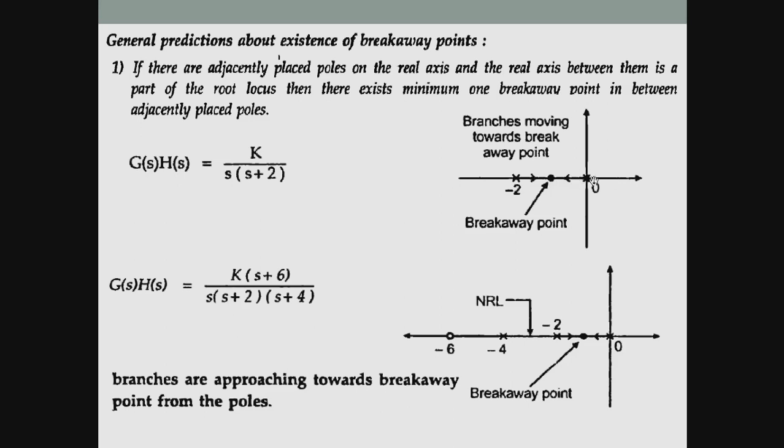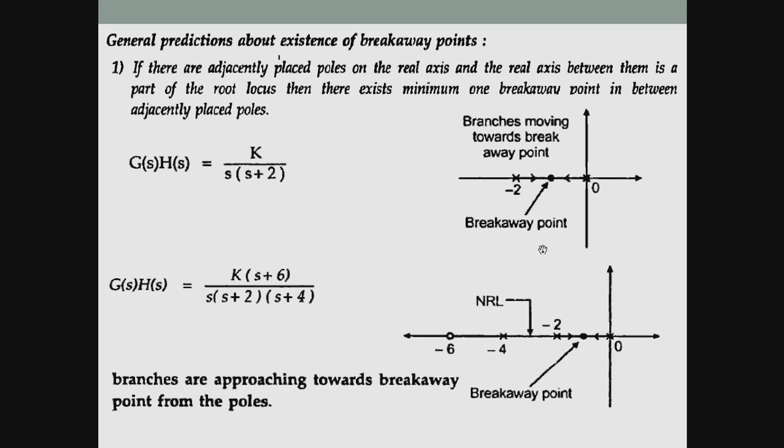If there are two adjacently placed poles, one after the other, then they will have a minimum of one breakaway point, but it should be lying on the root locus.